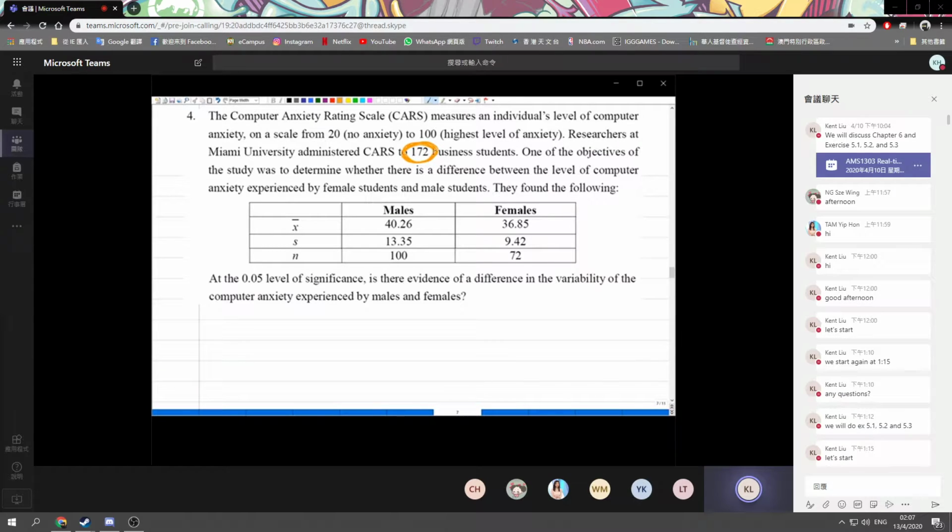So we want to see whether the anxiety experienced by the female and male are the same. So specifically, we want to see whether there's evidence of a difference in the variability of the computer anxiety experienced by male and females.